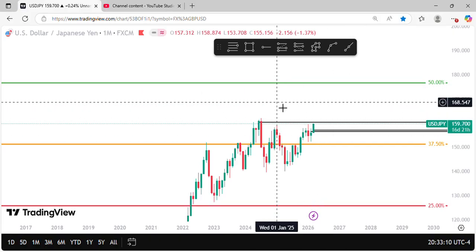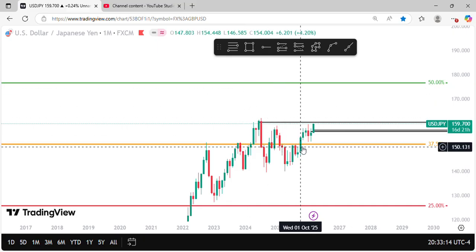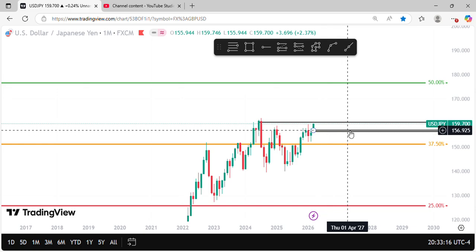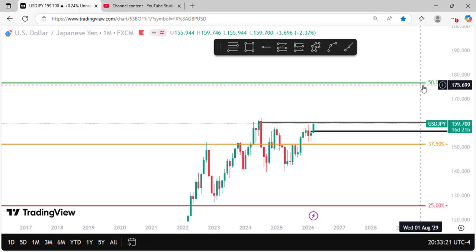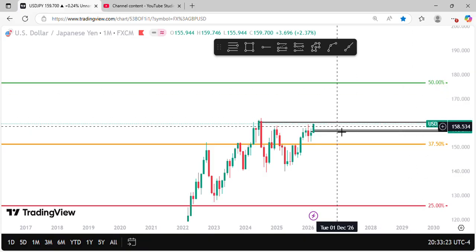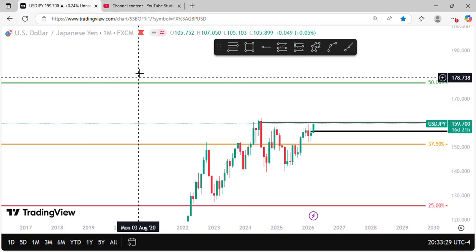So we would have to divide these levels, the 50 and the 37.5, to see how price moves up, where we'll find support and resistance into the 50 DRT level. Then this is somewhere we can see as a target already, where price could attack for the next incoming week.